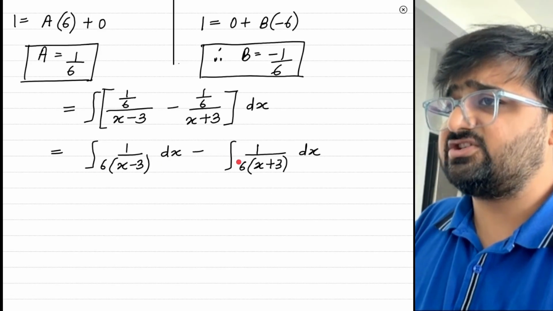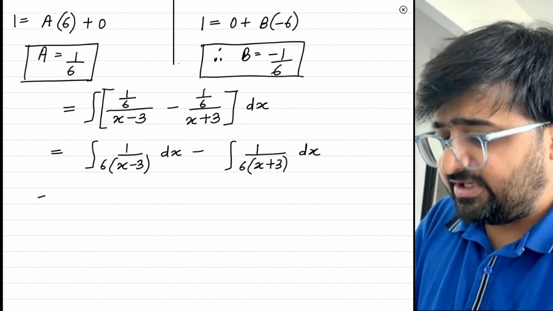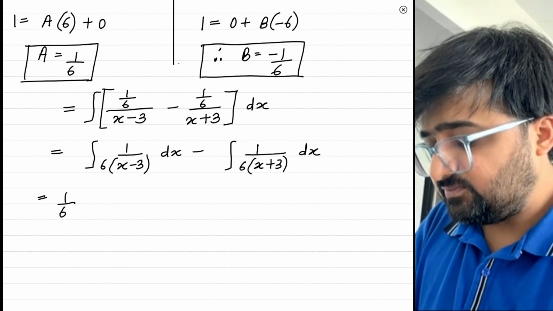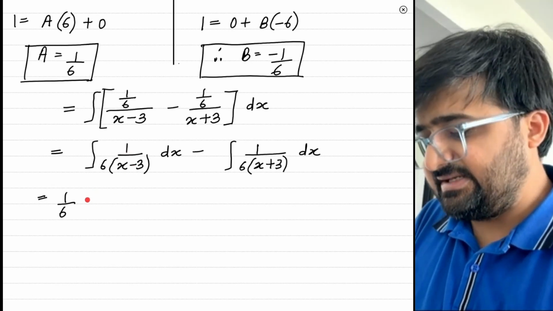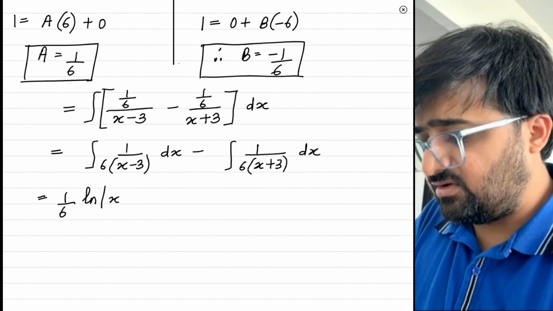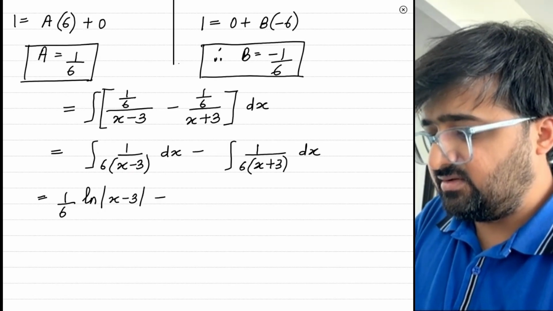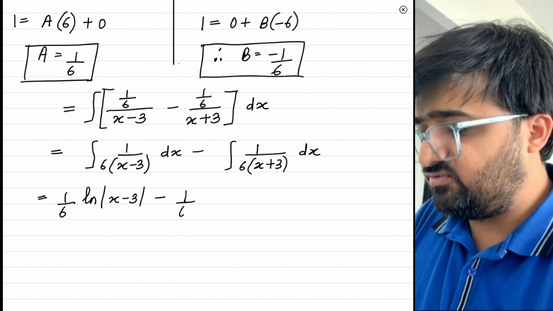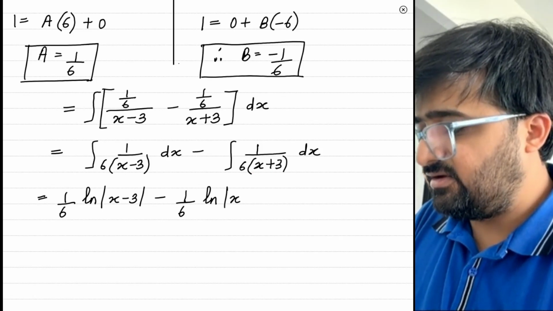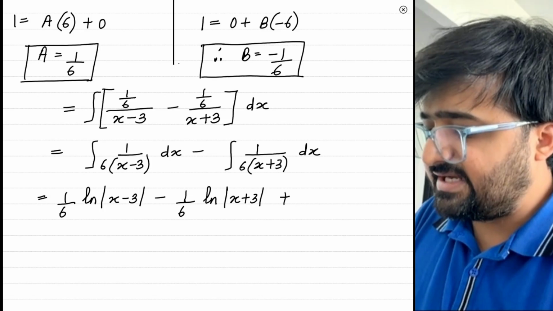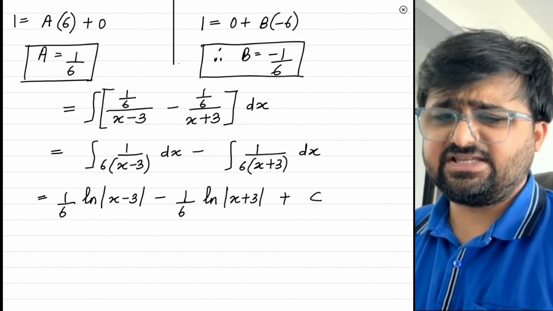Now that 6 is constant in both integrals, so it can be taken out of the integral: 1 over 6, and integral of 1 over x minus 3 is nothing but ln of x minus 3, minus, again that 6 is constant, so 1 over 6, integral of 1 over x plus 3 is ln x plus 3. Let's add the constant of integration, c, and this is nothing but your final result.